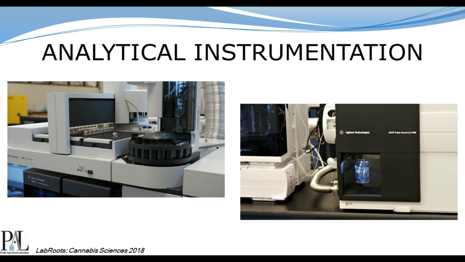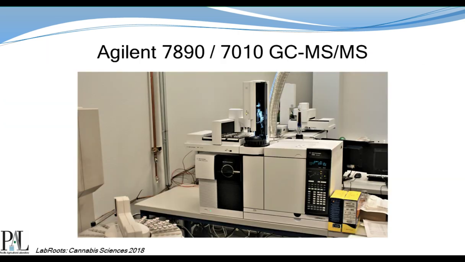All right, so we'll move on to the analytical instrumentation. Again, we use a dual platform approach where we're using both GC-MS/MS and LC-MS/MS. It gives us a lot of flexibility in the compound list we can put together, and it also allows us to optimize the instrument for the specific compounds.